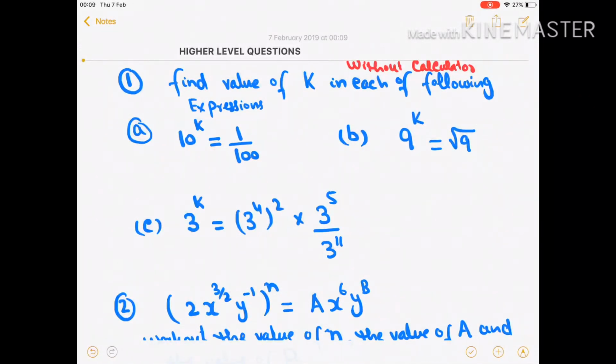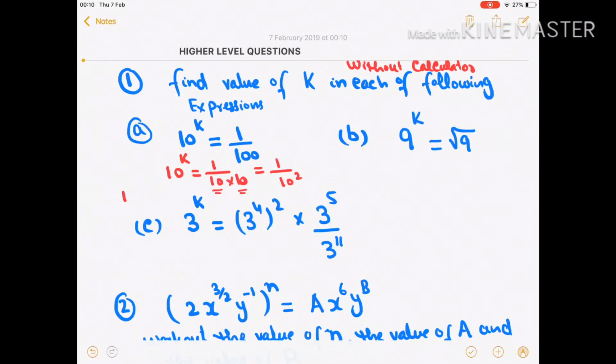We are going for the first one, a: 10 to the power k, and we want to find k in this question. We break the 100 as 10 times 10, and when you multiply the same thing you add the powers, so on the right side at the bottom it will come 10 to the power 2.